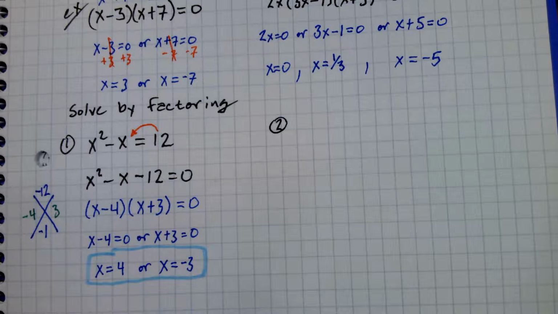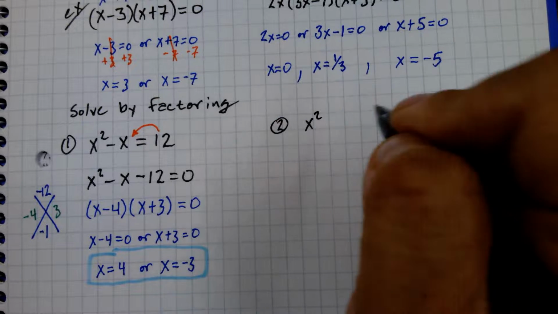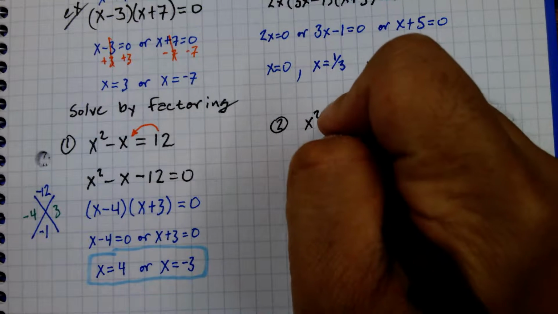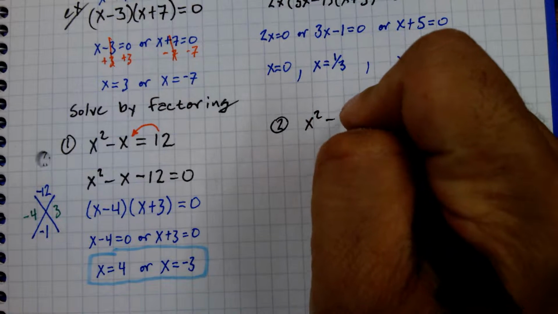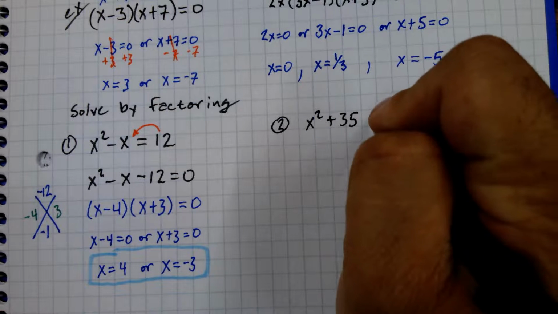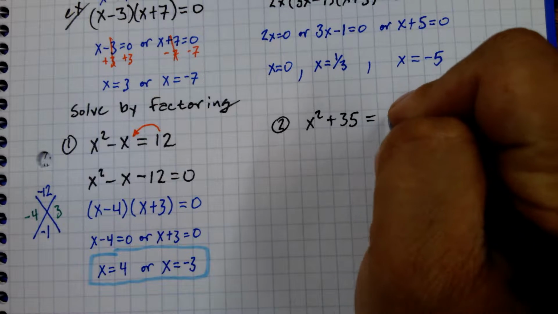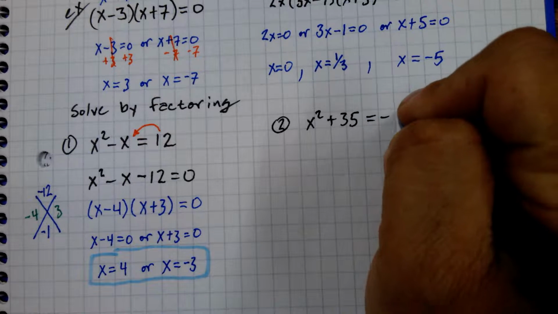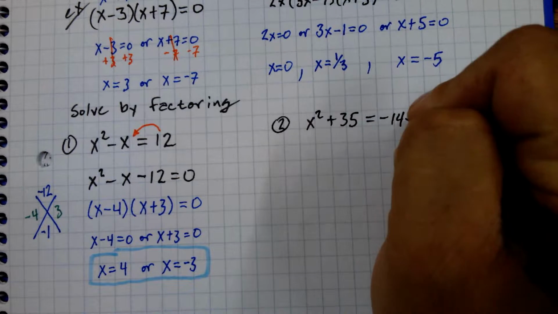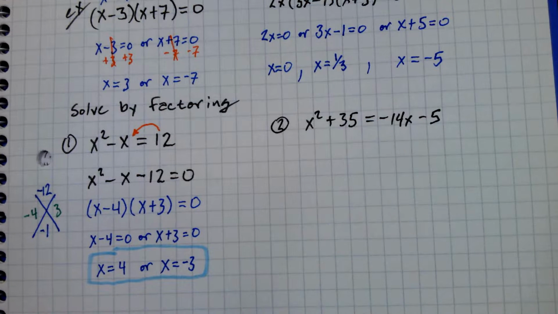Let's try the following. X squared plus 35 equals negative 14x minus 5. Okay, write that one down. So let's move this stuff over.